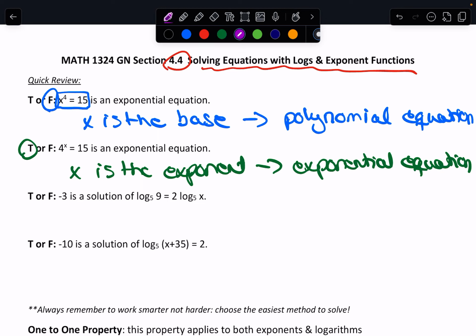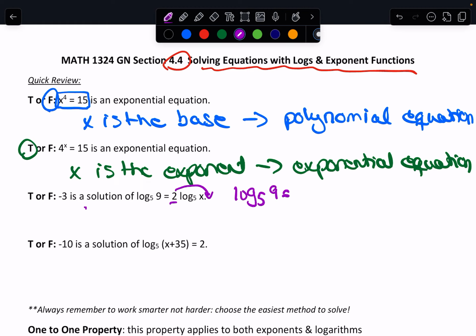Next one is -3 is a solution of log with base 5 of 9 equals 2 times log of base 5 x. Okay, so what we need to do here is, of course, solve this. So log base 5 of 9 equals, I'm going to bring that 2 here as an exponent to the x.